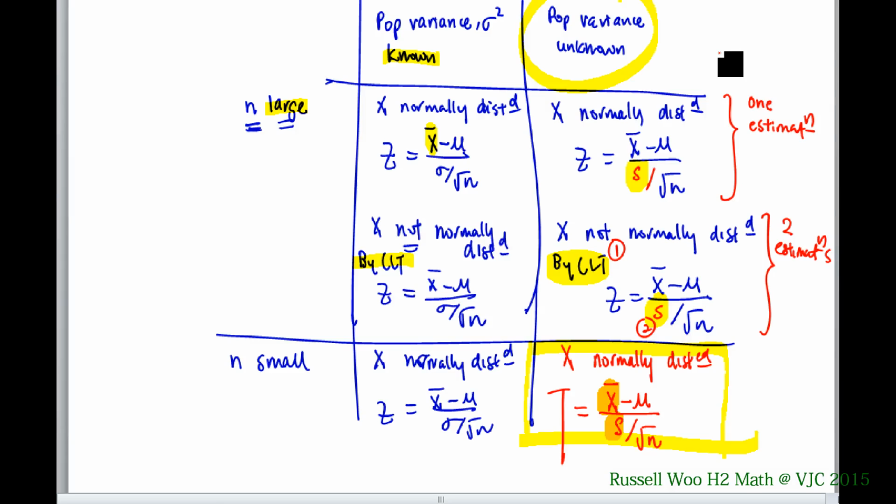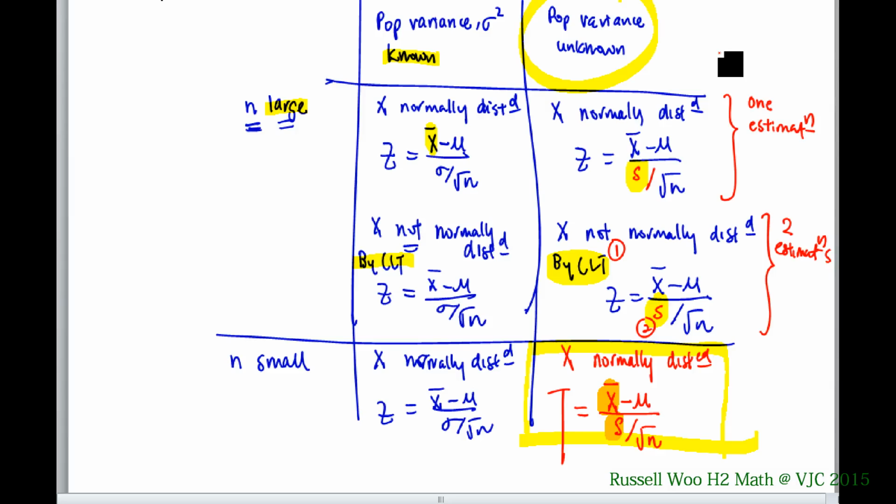Clear cut. But just now I didn't mention, in order for this to be a t-distribution, because these two are variables, there is an important assumption there that x must be normally distributed. The population x must be normally distributed.